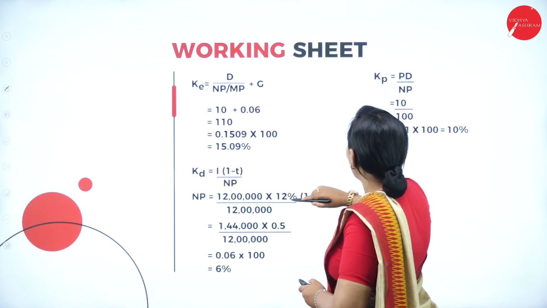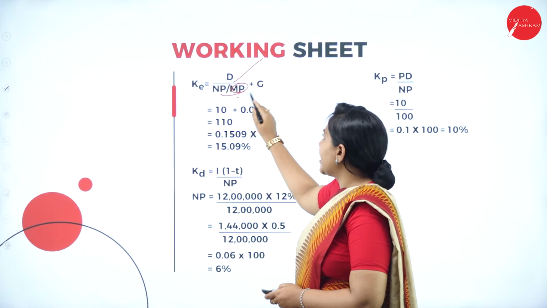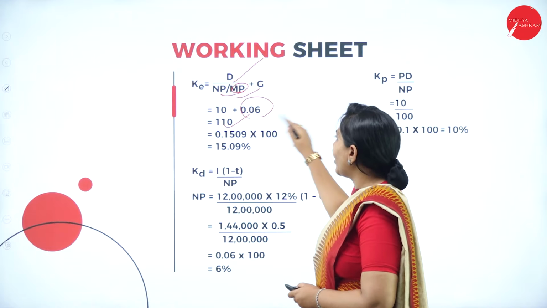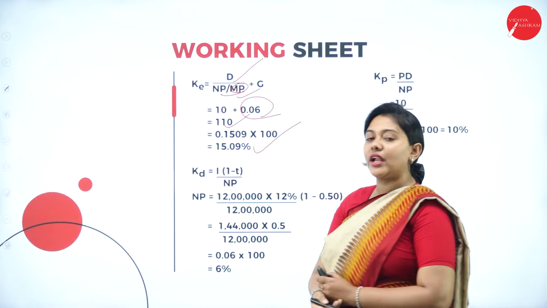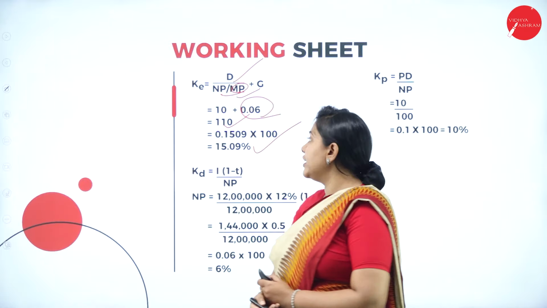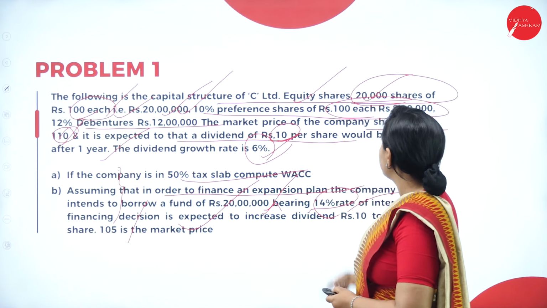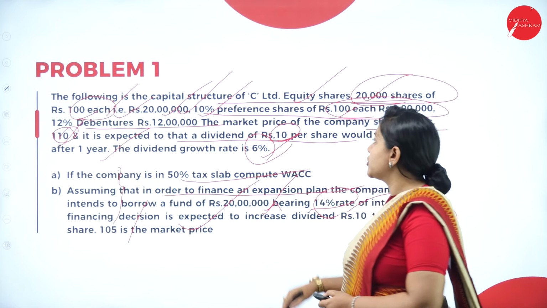Dividend is 10 per share. Since the market price is given as 110, we take 110 as market price, and 0.06 is the growth rate, 6%. If you compute, you get the answer as 15.09%.